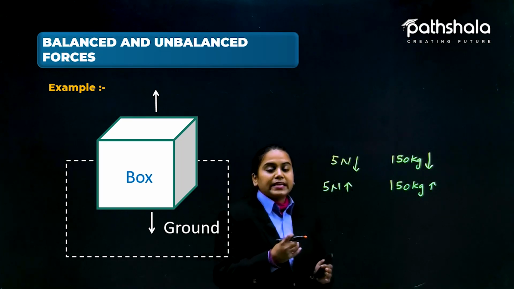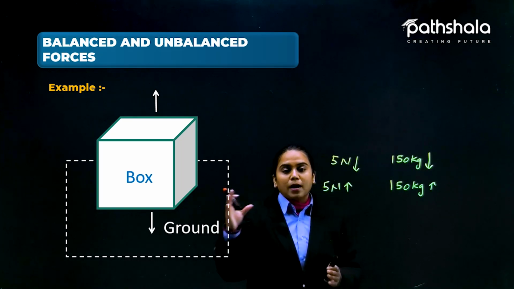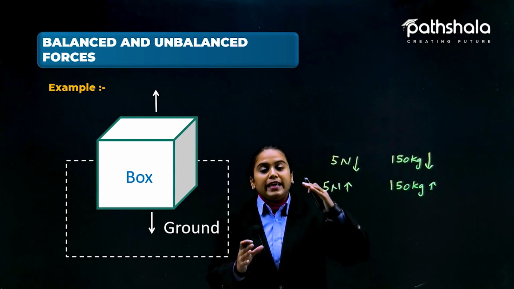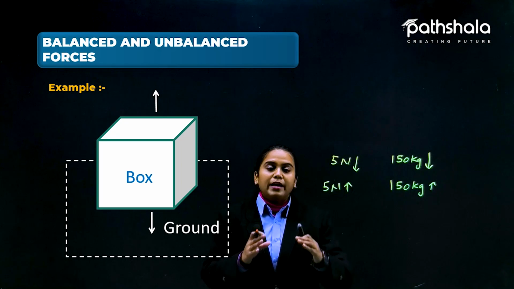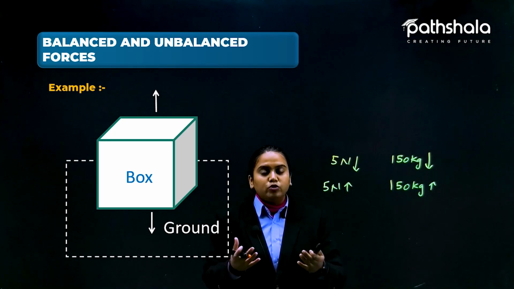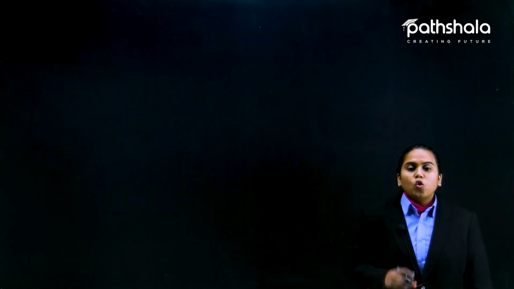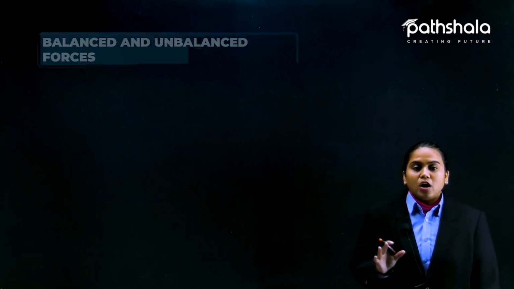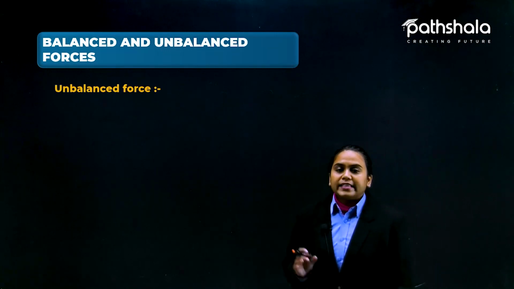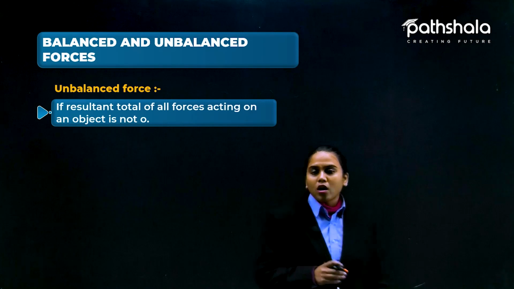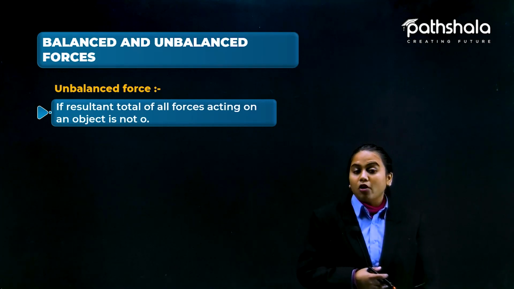So this is the reason why some kinds of forces are known as balanced force, because an equal and opposite force is applied by the surface or any object that is applying force in the opposite direction. So what is unbalanced force then? The unbalanced force is when the resultant total of all forces acting on an object is not zero.